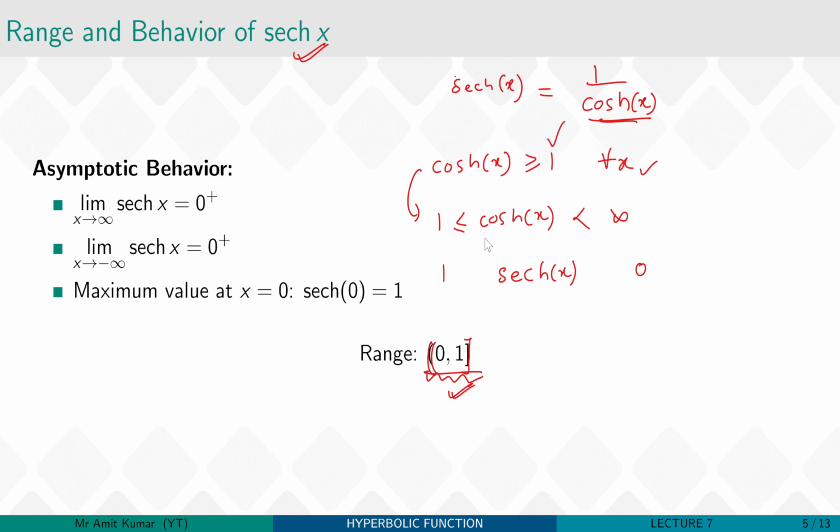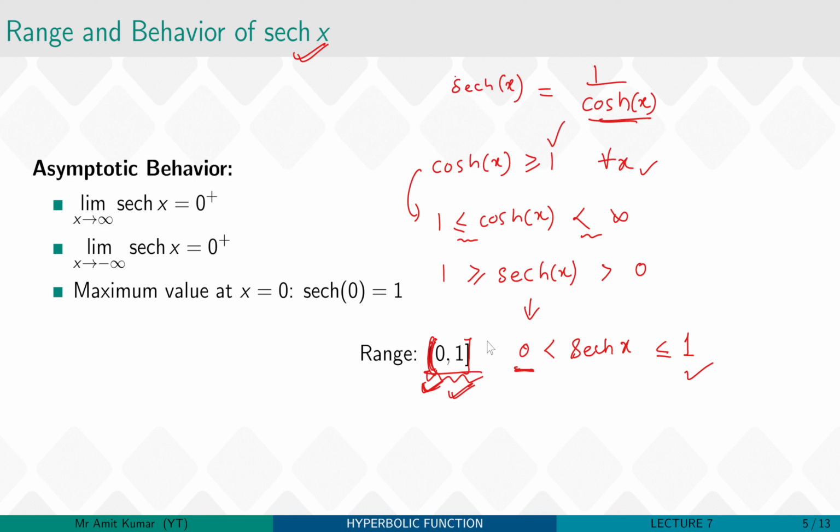When you take the reciprocal, the inequality sign is changed. So we can write 0 is less than sech x, which is less than or equal to 1. Here 0 is not included.